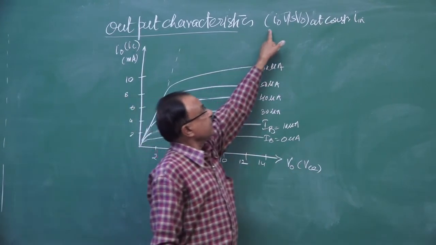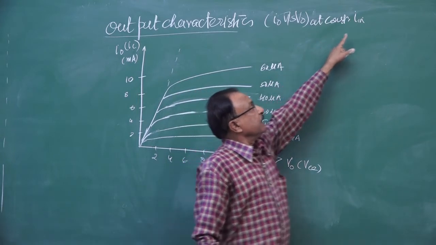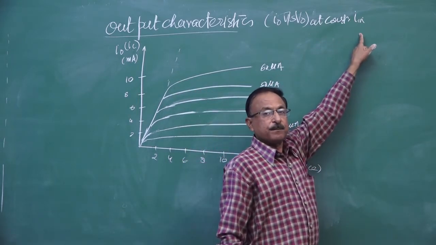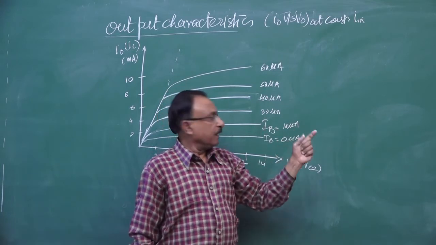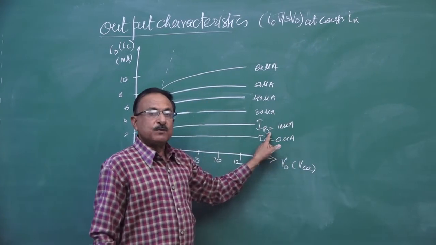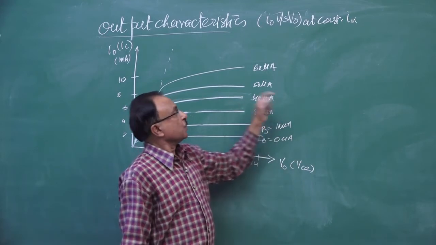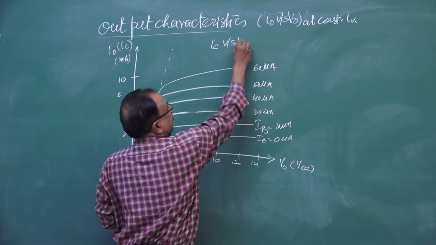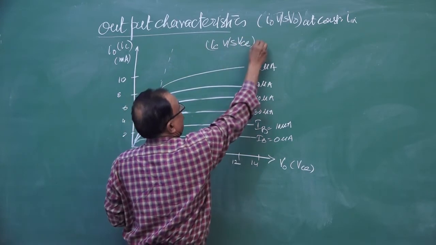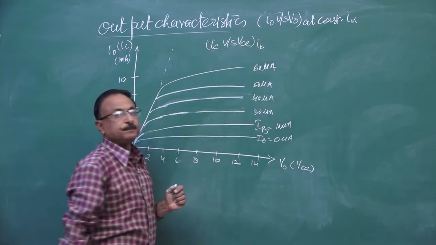When we draw this characteristic, we keep the input current constant. In the circuit of the common emitter, input current is IB. So we keep IB constant. So our graph is IC versus VCE at constant IB.